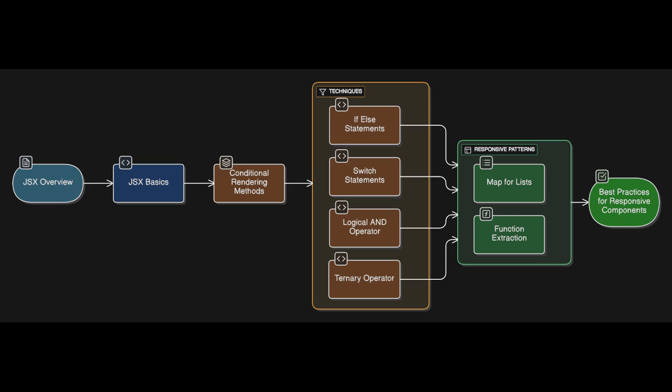This dynamic embedding is achieved using curly braces within JSX, allowing us to inject variables, perform calculations, or even execute functions. This capability transforms static HTML into a responsive, interactive part of our applications, much like actors who improvise based on audience interaction. With JSX, you don't just build components, you breathe life into them, making them responsive to user actions and changing data states.